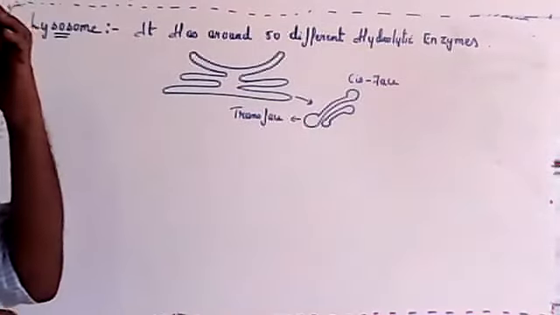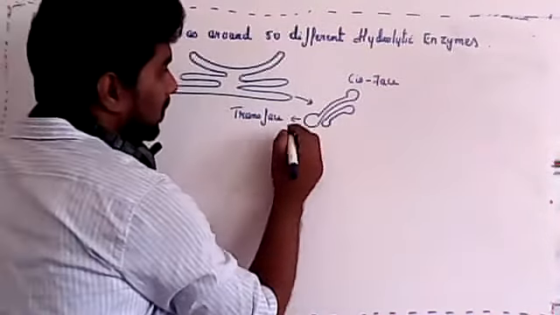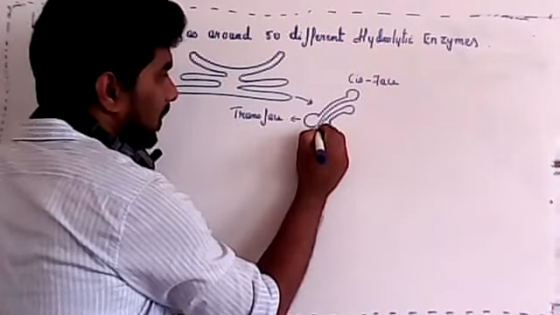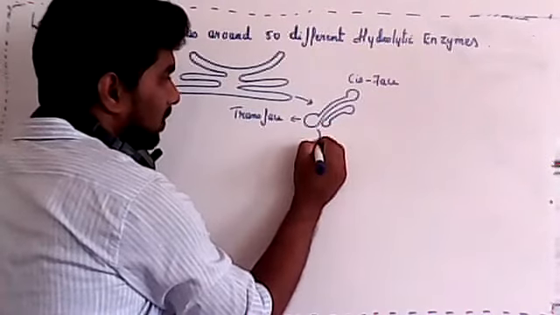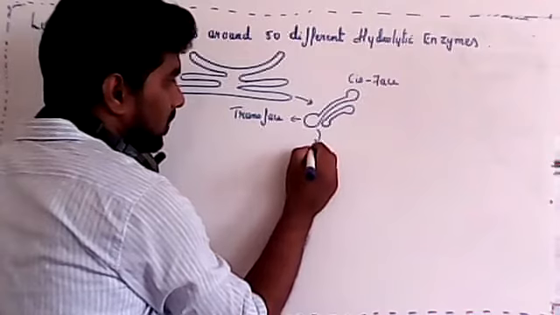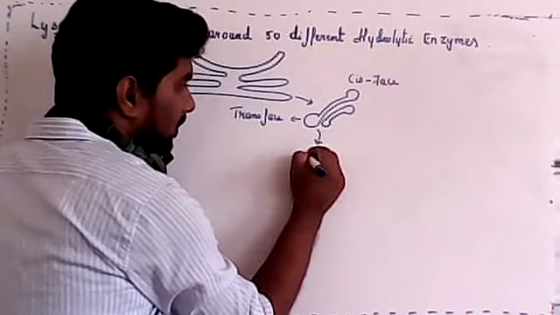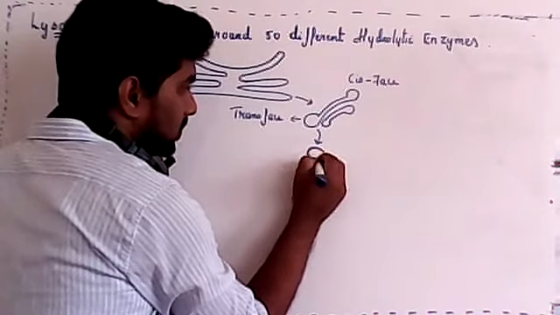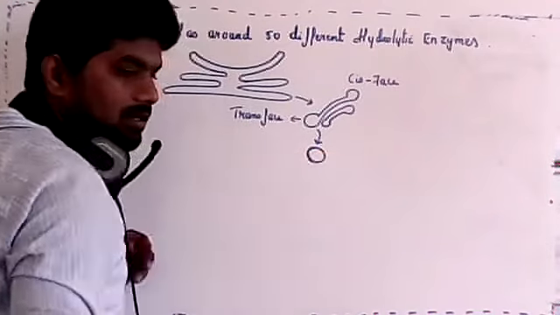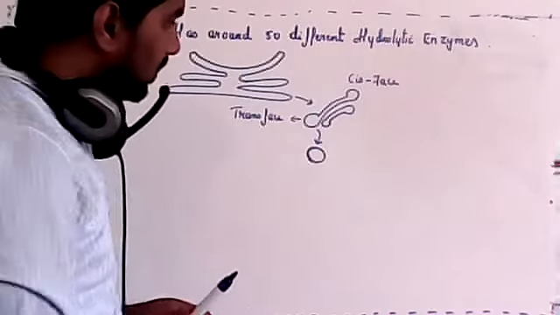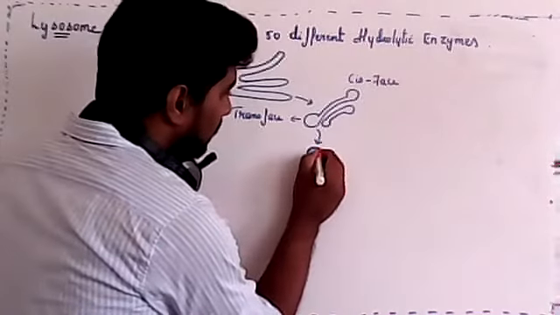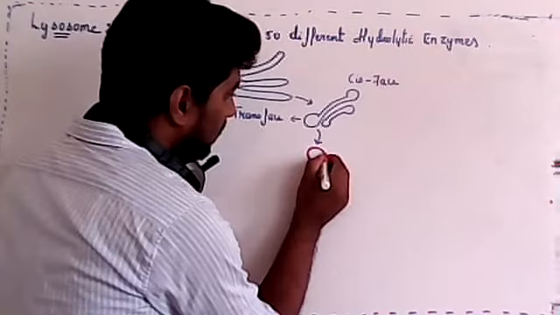Now the vesicles coming out from the trans face will help in the formation of lysosome. So the Golgi complex gives rise to a lysosome. One single lysosome will be formed. Here lysosomes are formed from the Golgi vesicles.